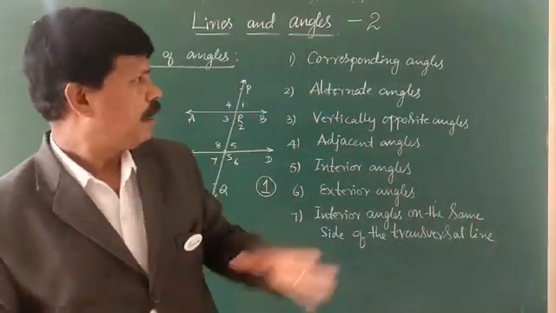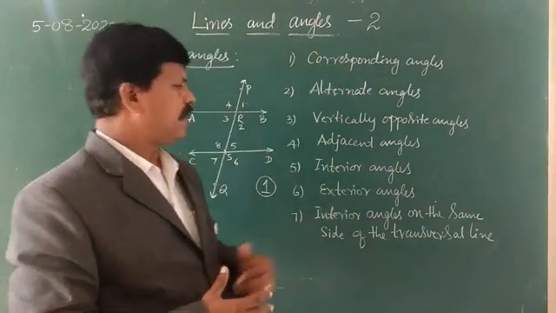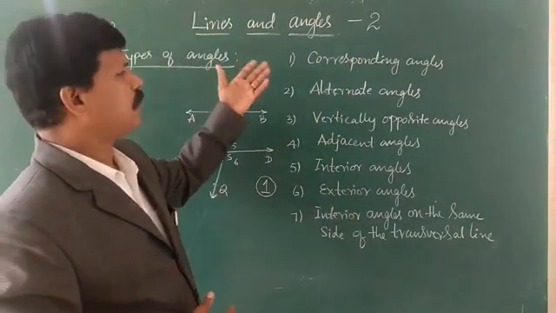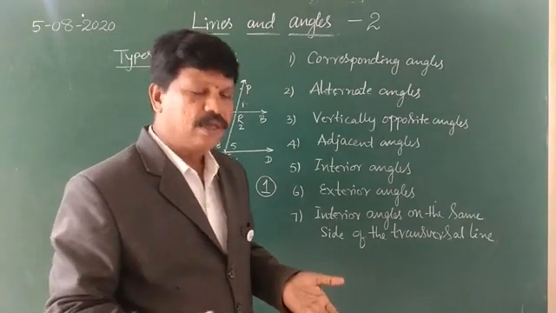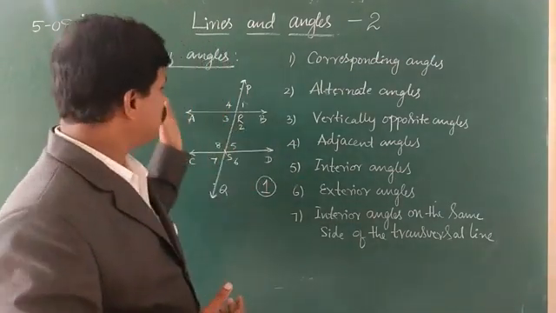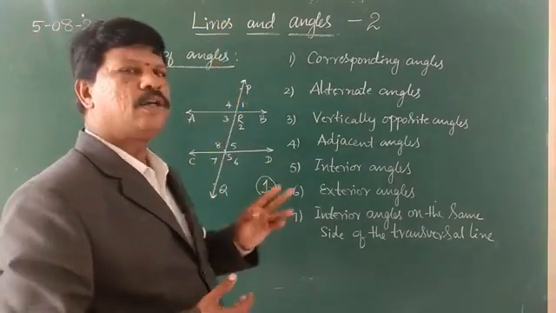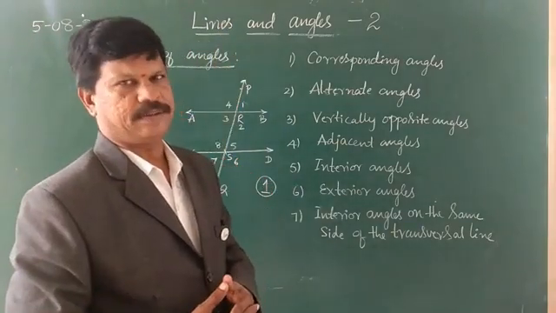Then I wrote in the last class, what are the angles so formed? That means how many angles we get when a transversal passes through two parallel lines.